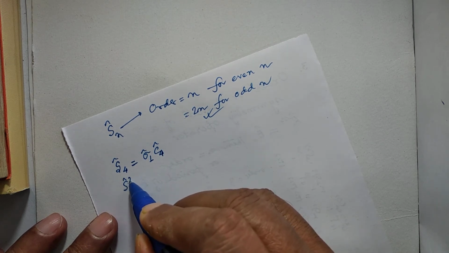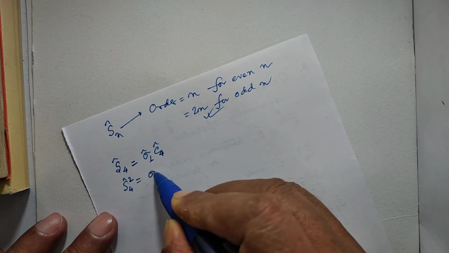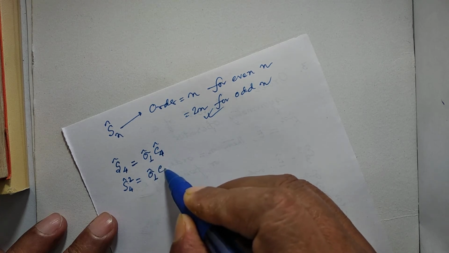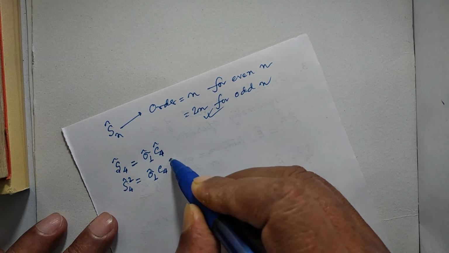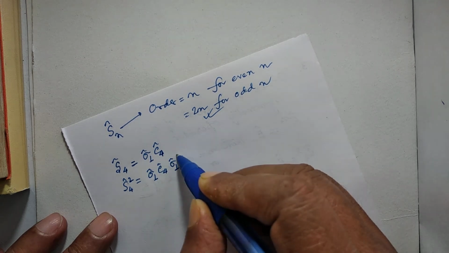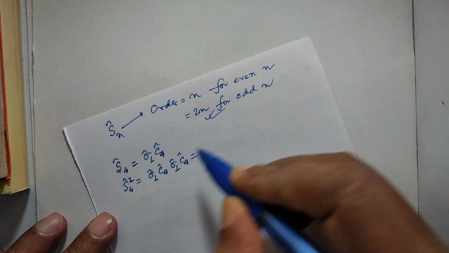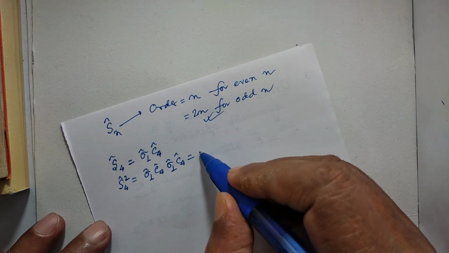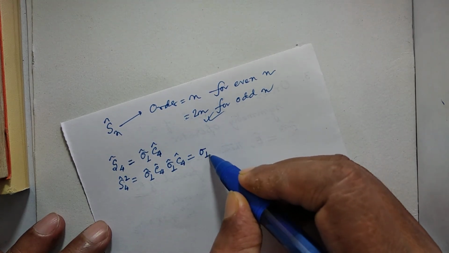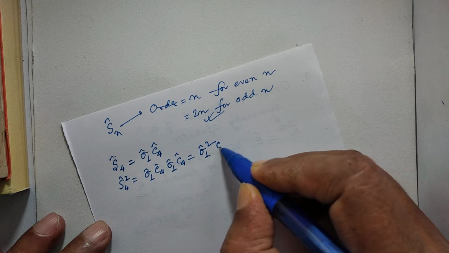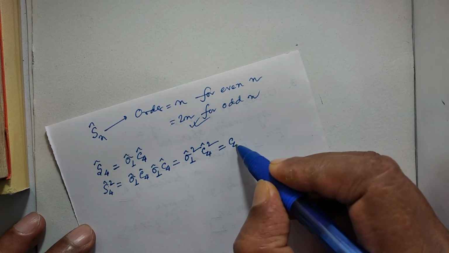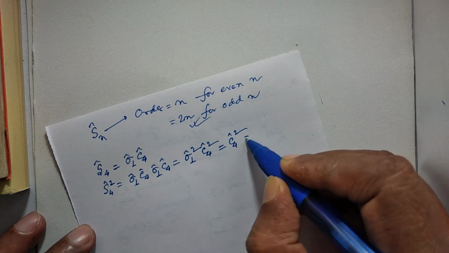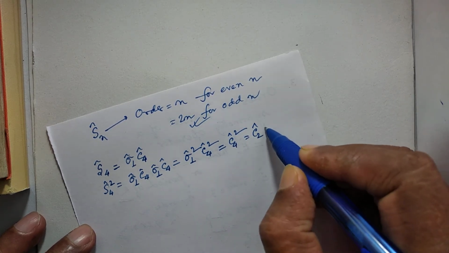S4 square is sigma perpendicular C4 two times sigma perpendicular C4. By rearranging using the commutation rule, we have sigma perpendicular square C4 square. So this is actually C4 square or C2.